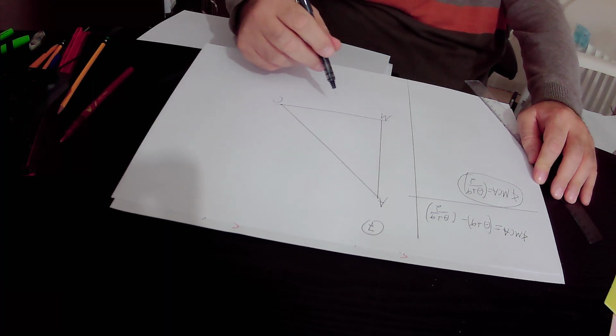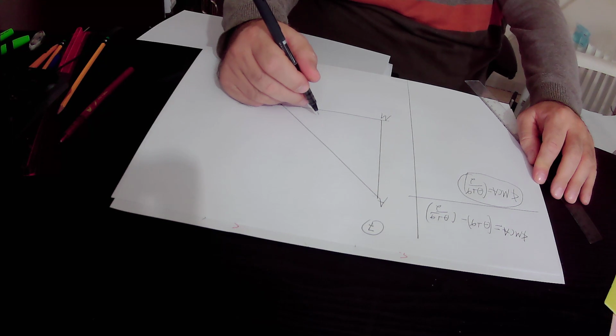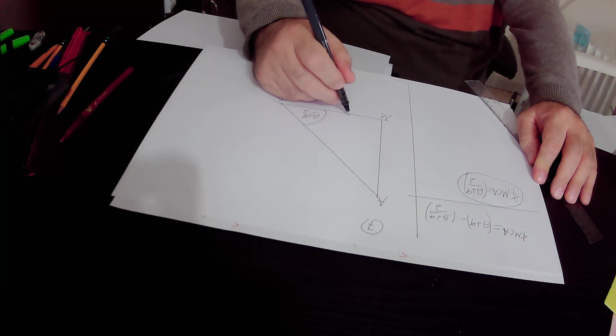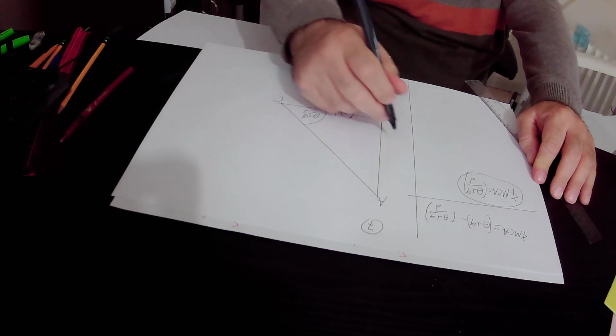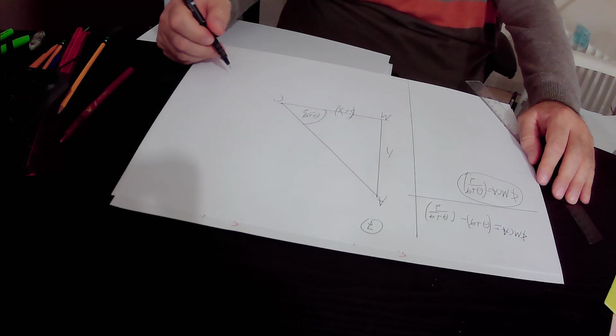We found out that angle MCA, this angle, equals theta plus alpha over 2. We have already found out that MC equals 5 plus x, and AM equals h according to our definition.